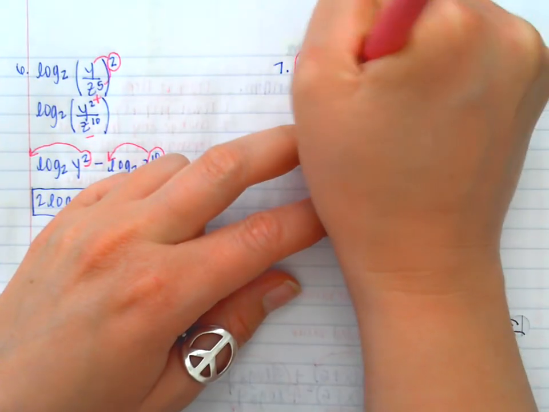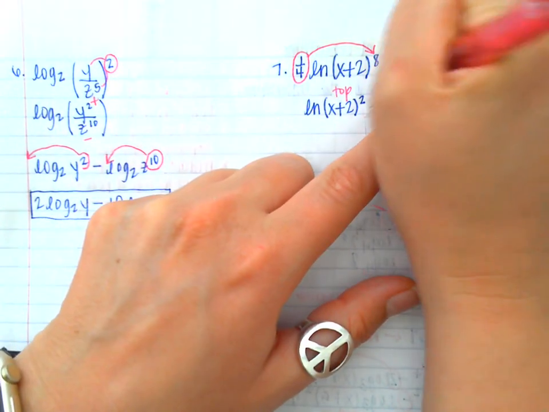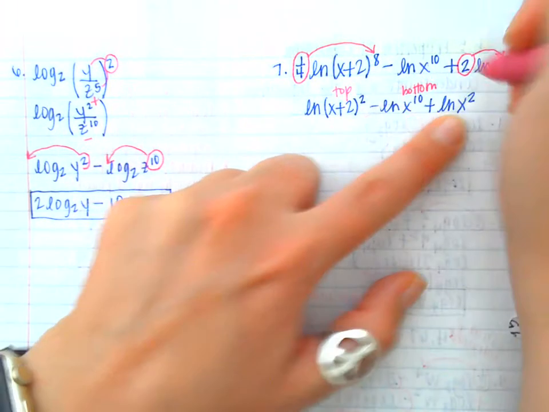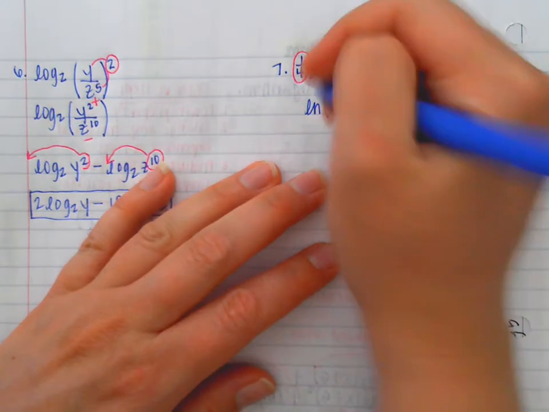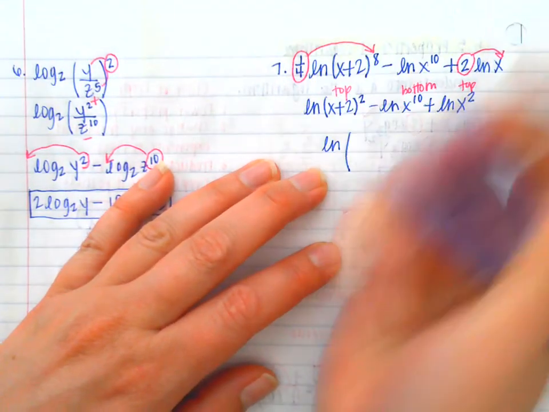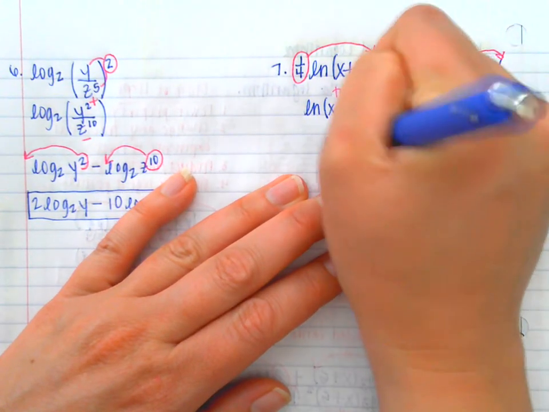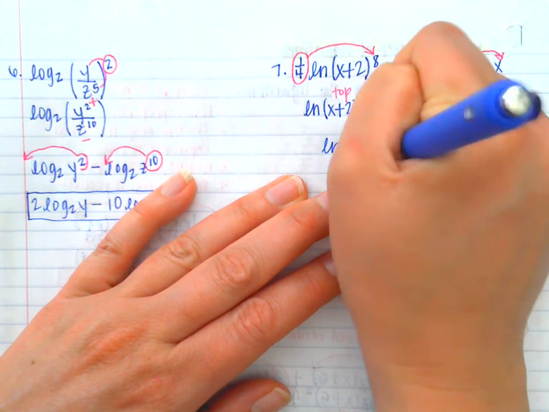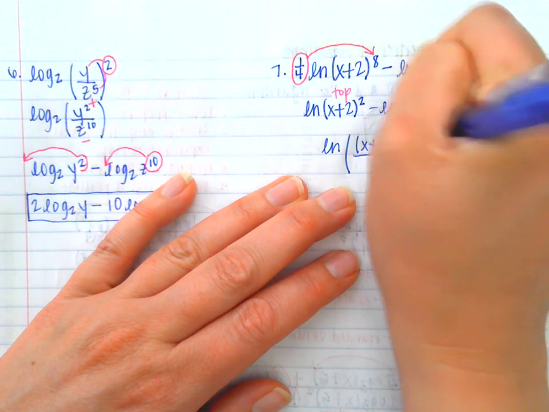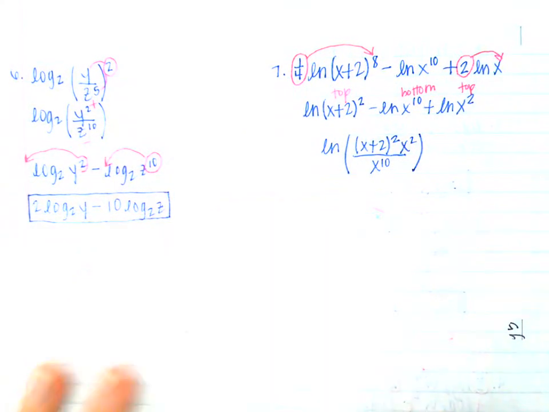Minus, this is going to go on the bottom. Plus is going to go on top. And so that's going to be ln, we're writing it as 1 log, (x plus 2) squared, x to the 10th goes on bottom, and then x squared goes on top.